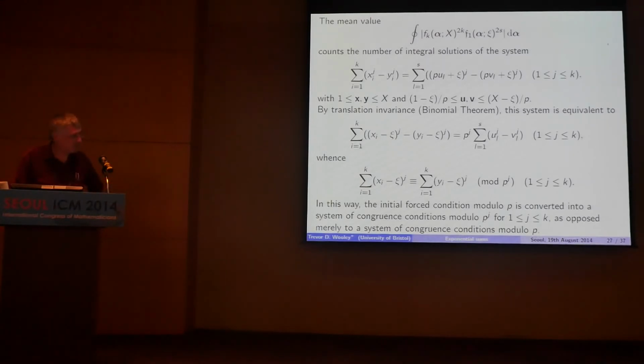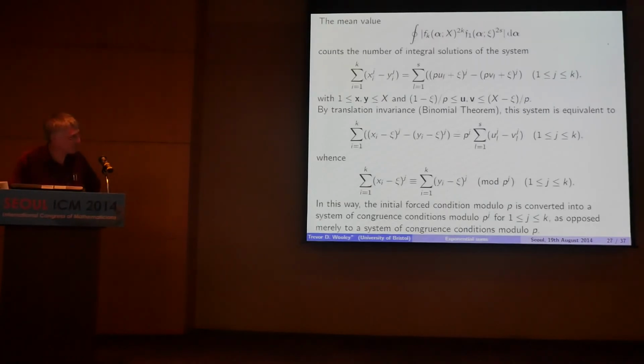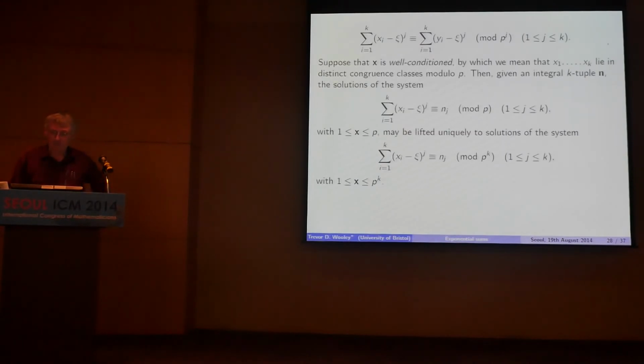Now we've created congruence conditions modulo powers of p, all the way from p to the 1 up to p to the k. Those are much stronger congruence conditions, so we won something in that process. And you can apply Hensel's lemma in a form to lift these solutions from solutions mod p to solutions mod p to the k.